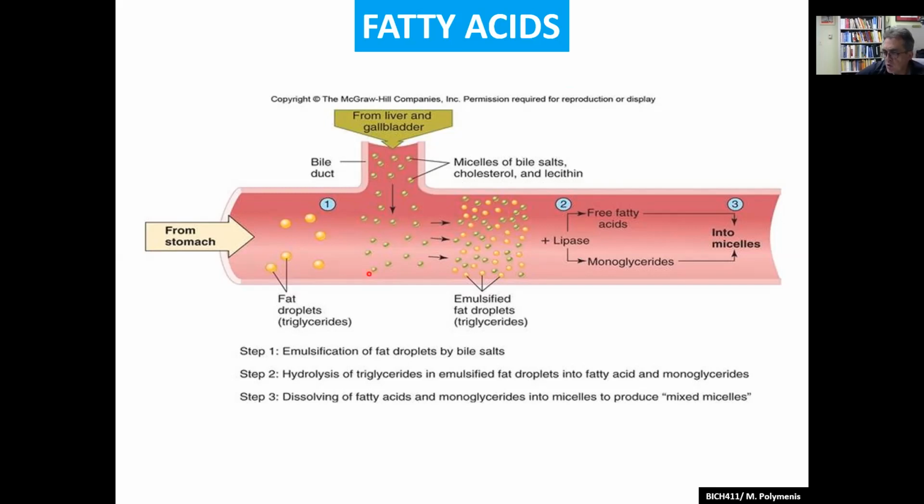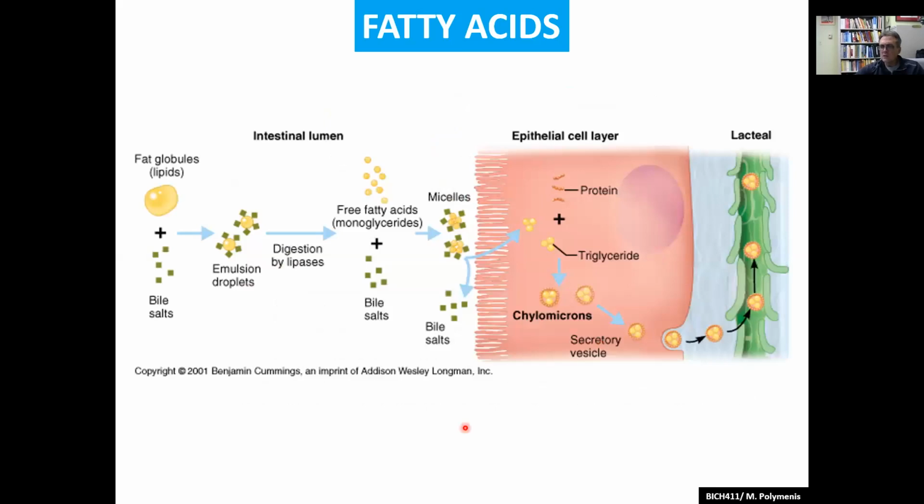When the lipase works on them, you get the two free fatty acids from each triglyceride, and then you have a monoglyceride. Okay? Those get then put together in micelles, shown here. So you have bile salts and the micelles, and they all come together, and that's how they can be absorbed by the intestine.